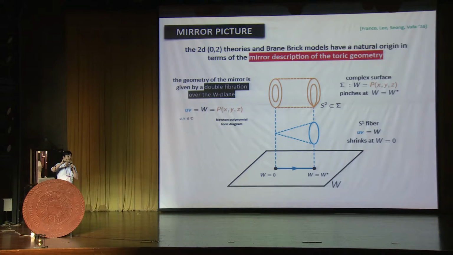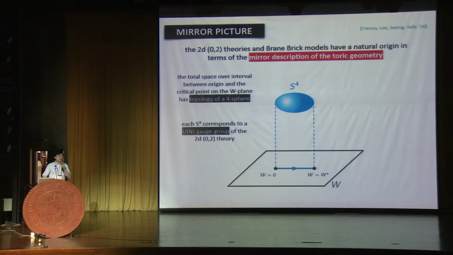So it contains an S2 at this point, which degenerates. The topology over this interval on the W plane can be thought of as an S4. And each of these S4s corresponds to a gauge group in the 2D theory, and also to a brane brick in our brane brick picture.